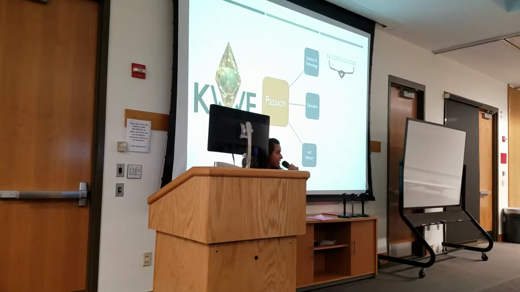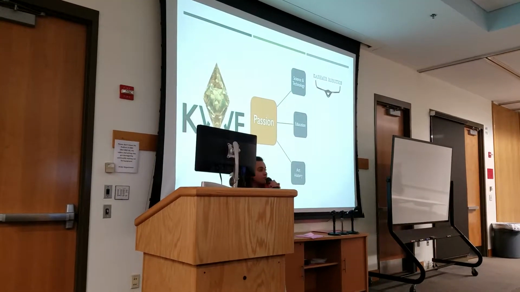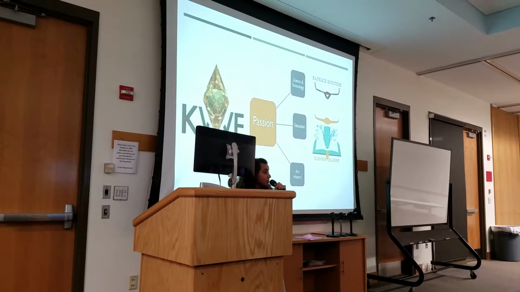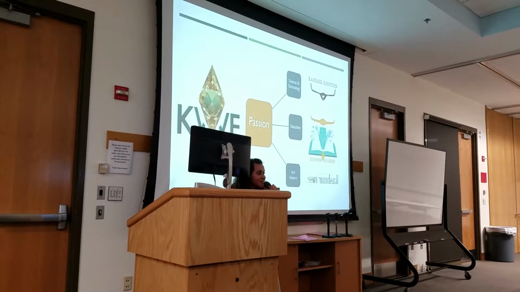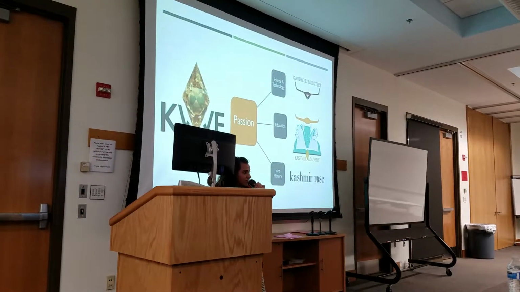So we have now under Kashmir World Foundation 3 divisions: Kashmir Robotics, which is our science and technology division, Kashmir Academy, which is our education division, and then Kashmir Rose, which is our art history division.